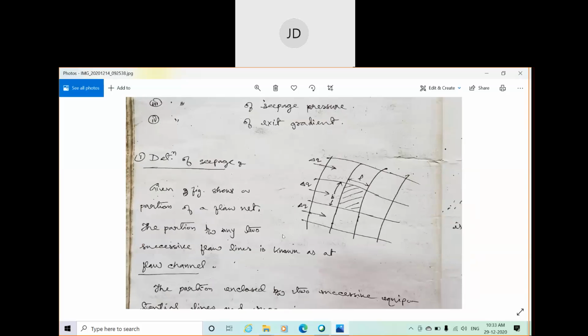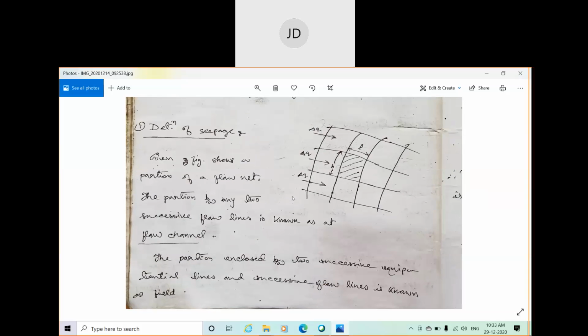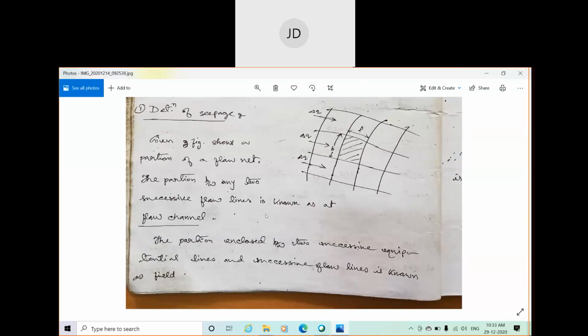Here, determination of seepage. You can see a figure showing a graphical representation of a flow net. The portion between any two successive flow lines is known as a flow channel.